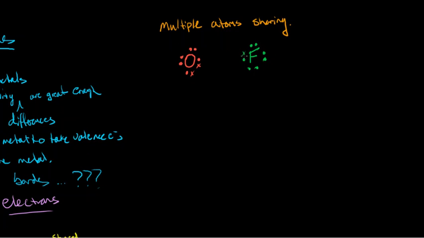Well, if fluorine needs 1 space, oxygen has 2. Oxygen can actually share 2 electrons, right? This one and that one? And then the fluorine can share 1, so oxygen needs another partner, right? So couldn't it bond with another fluorine?